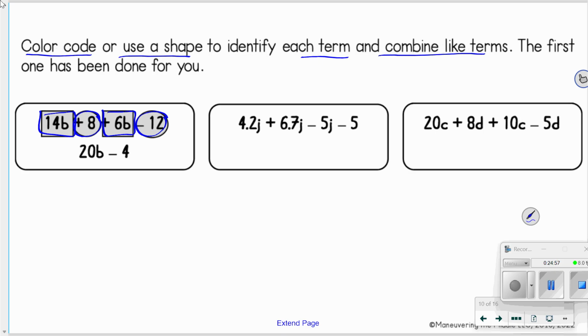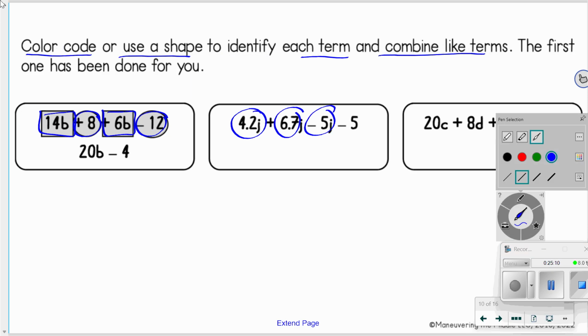Okay, go ahead and knock out the next couple. Okay, again, we're going to put the same ones together. So these all have a J associated with them. This one is just a constant.